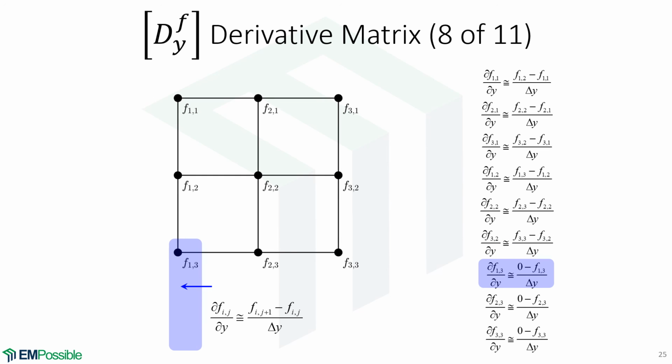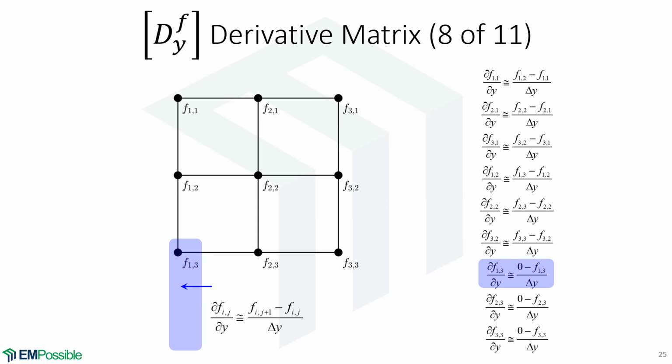Next point. Now we have a boundary condition problem. We are evaluating the derivative outside of the grid. And so if this is going to be a central finite difference and F13 is one of those terms, we need to reach over and below where we're evaluating the derivative. We need a function value from right here, which is not being stored, that does not exist.